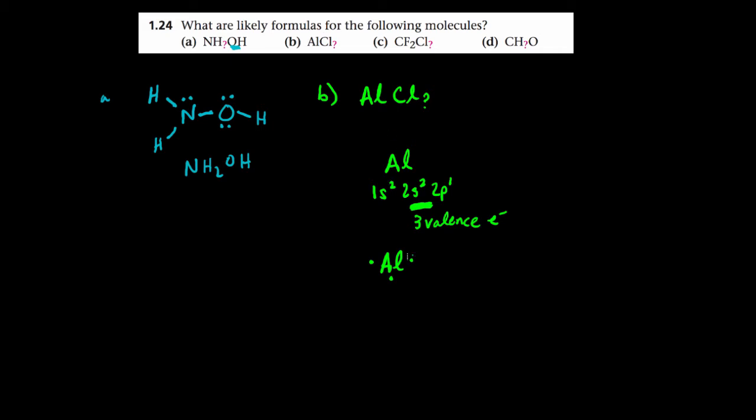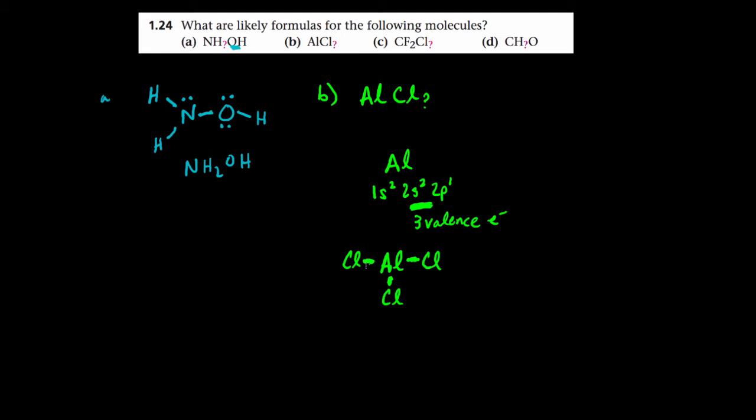We can imagine that it's forming a bond to 3 chlorine atoms, and each of these chlorine atoms also contributes 1 electron. And so if we put in those electrons, we can write these 3 bonds to aluminum, and there we go, we're finished.